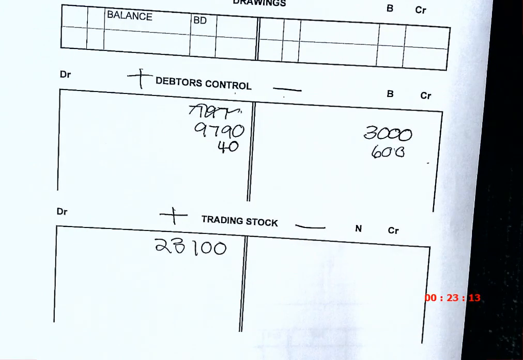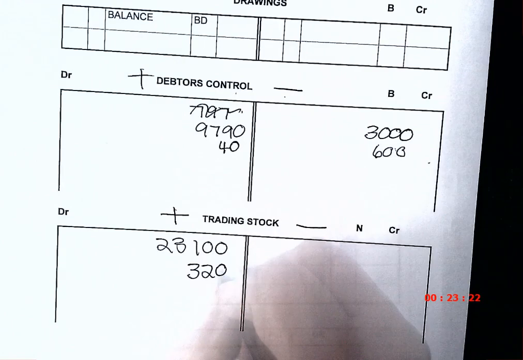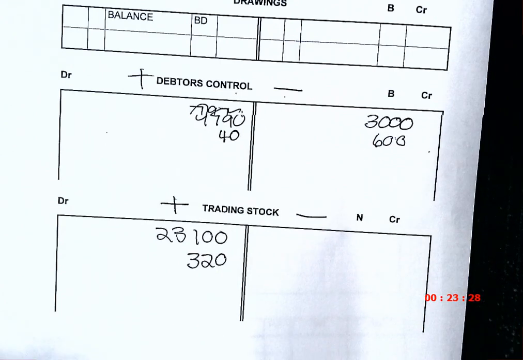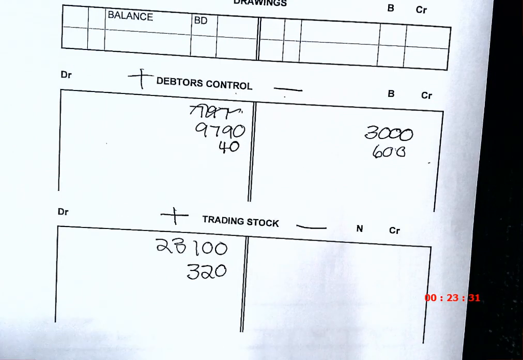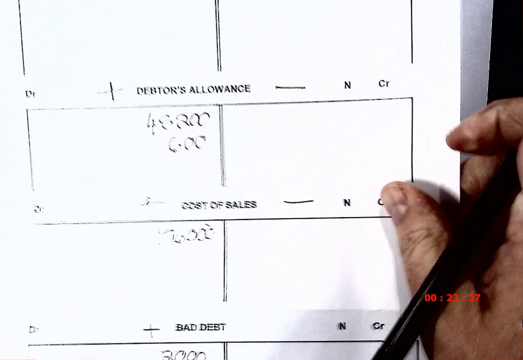So now they're returning the stock, so now I use the cost price. And the cost price is 320. My stock becomes more and my cost of sales I cancel.